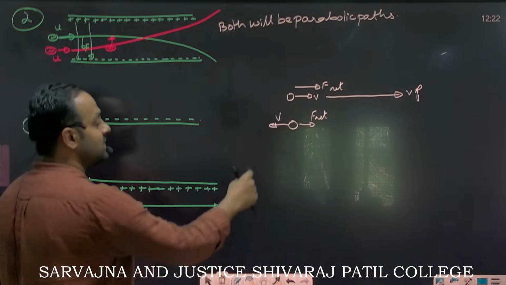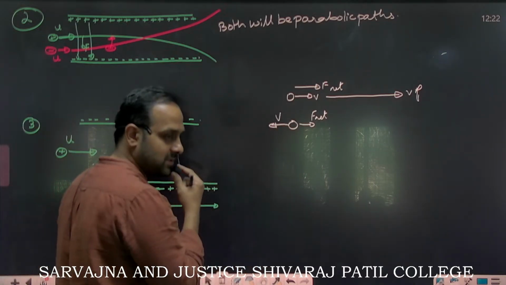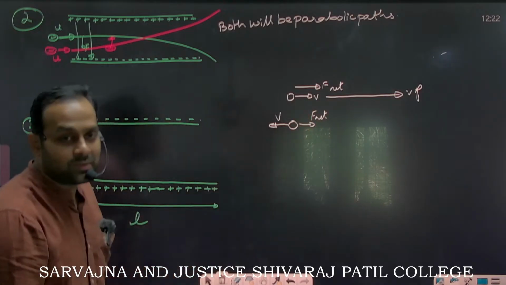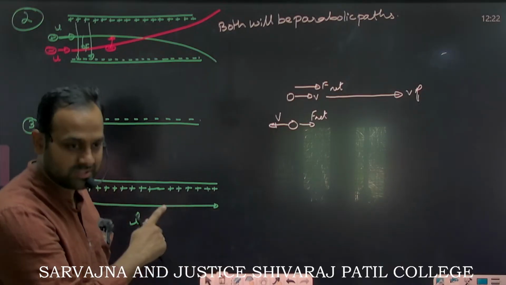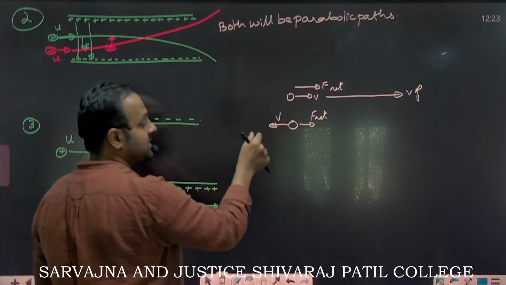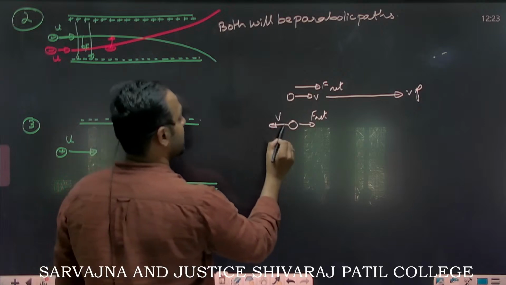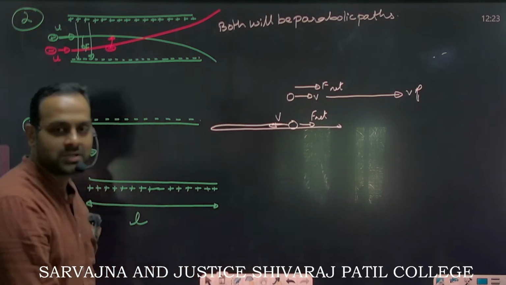In this case the velocity is towards the left. What does force tell us? Force tells us how the velocity changes from this instant to the next instant. If the velocity is larger at this instant, it will be smaller in the next instant, because the force is opposite to the velocity. So what is the path this will take? It will go straight and come back like this. It will go straight and back like this.